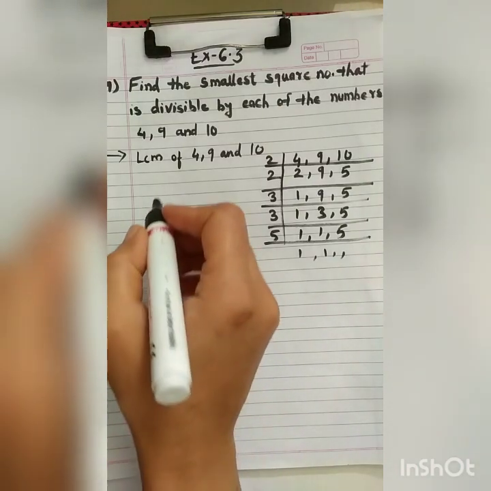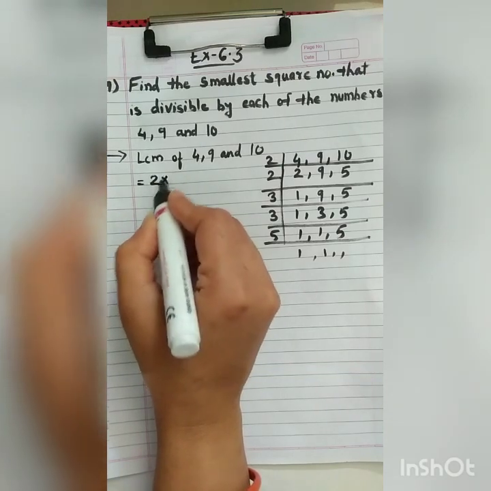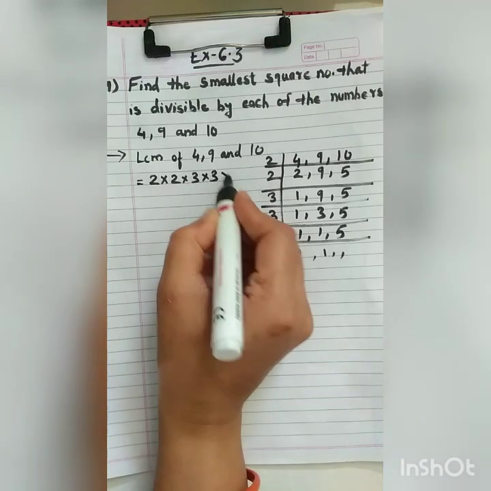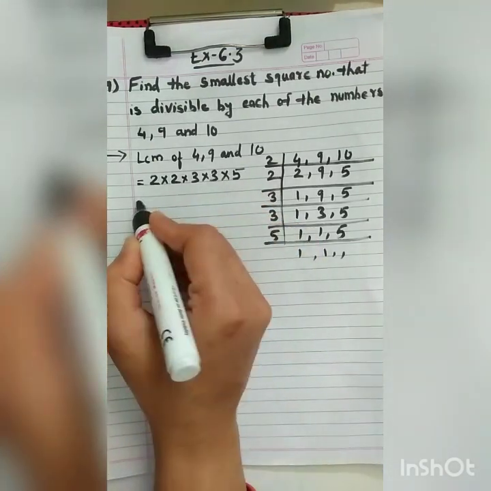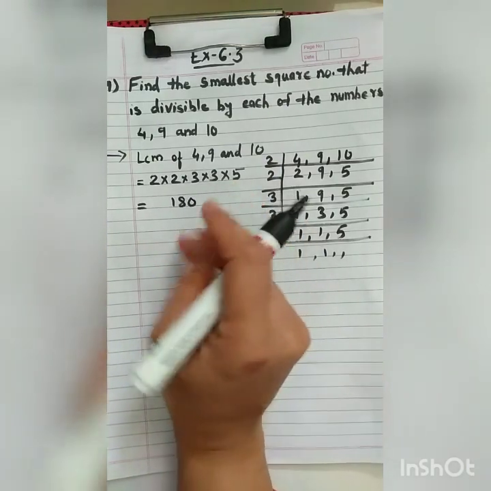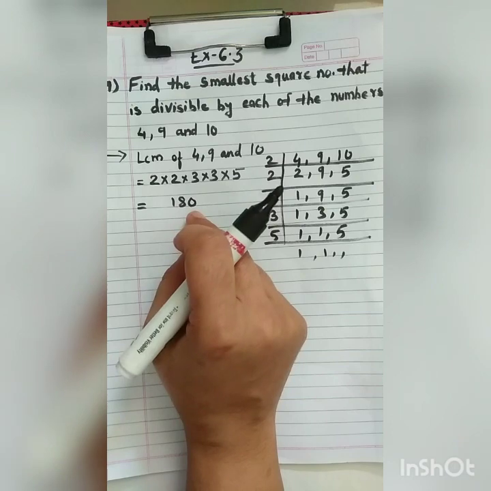After finding the factors of LCM, we will multiply to find the LCM. 2 into 2 into 3 into 3 into 5 equals 180. 180 is not a perfect square number. Why?